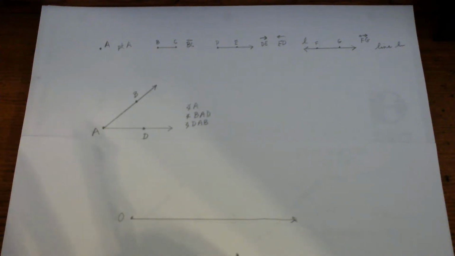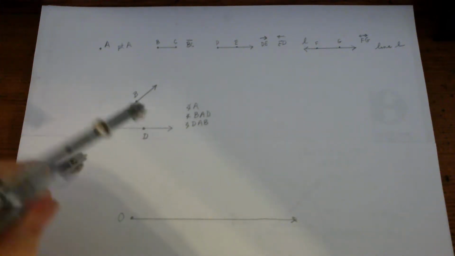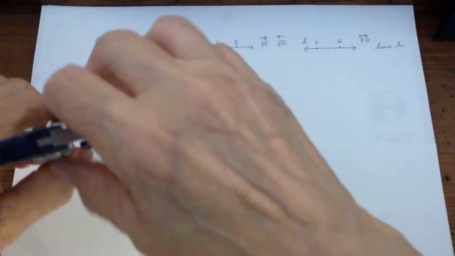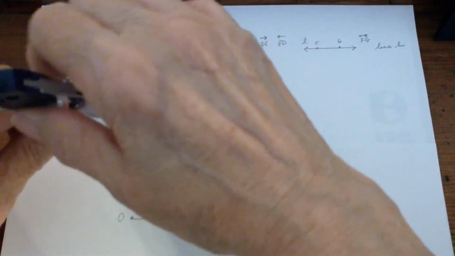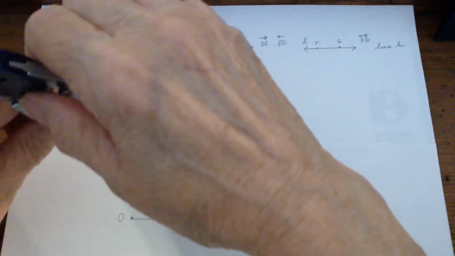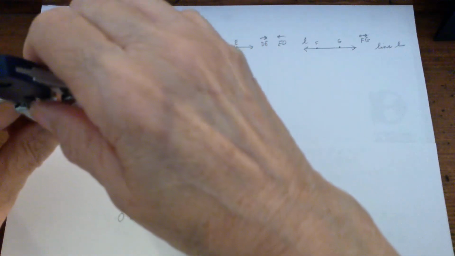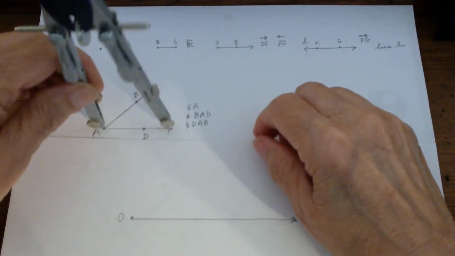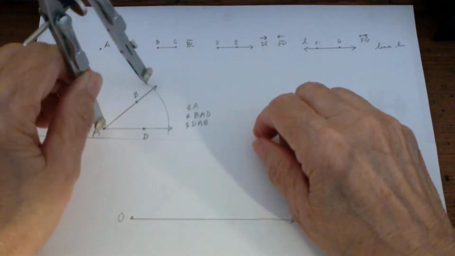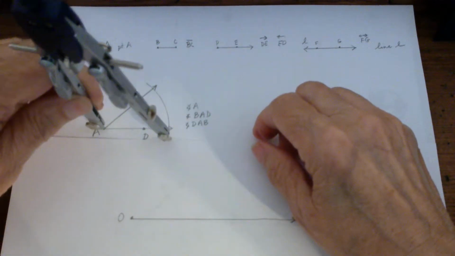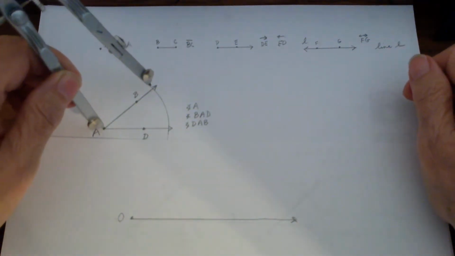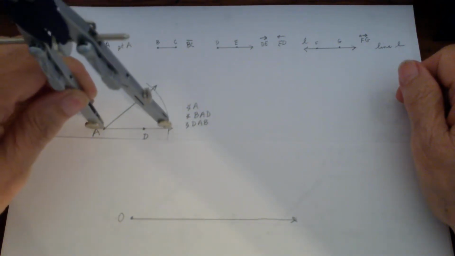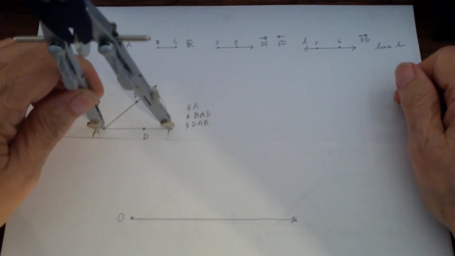I'm going to take my point and put that on point A, and I'm going to move my compass until I'm able to draw an arc that cuts across angle BAD.